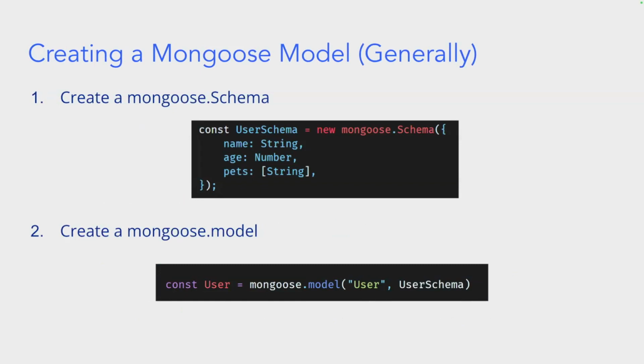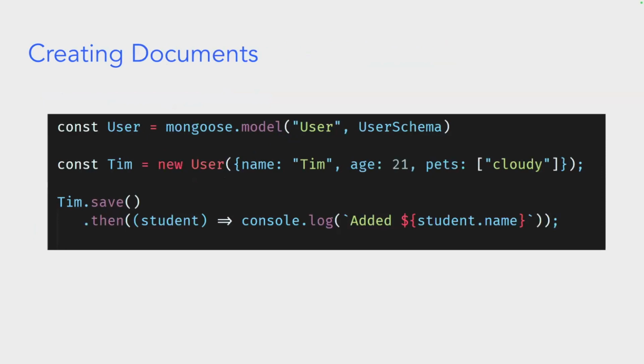If we named it users, for example, the collection would be called users. So that's how Mongoose knows what collection to look for or create if it doesn't exist inside of your MongoDB database. And we also pass in the schema, so that way Mongoose knows what the documents should look like when it retrieves them from the database.